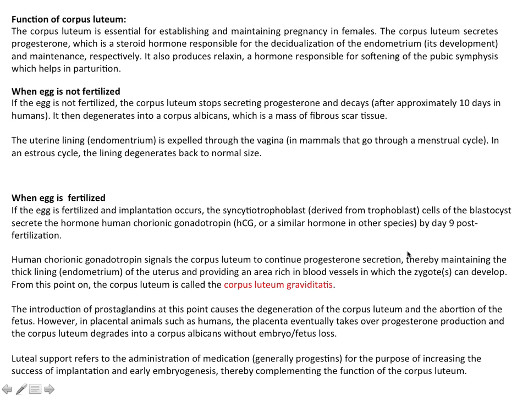So once this progesterone secretion is continued, it can maintain the thickening of the endometrium lining of the uterus and provide an area rich in blood vessels in which the zygote can develop properly. And from this point, this corpus luteum is called corpus luteum graviditatis. This corpus luteum graviditatis is important for the maintenance of the pregnancy.